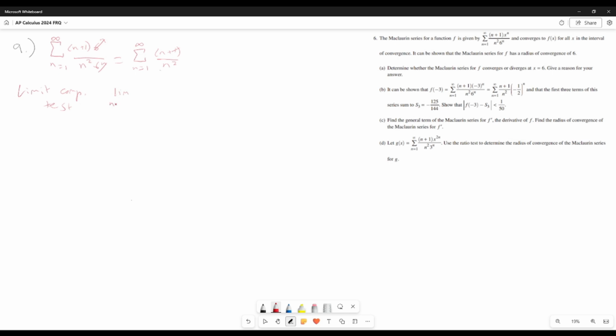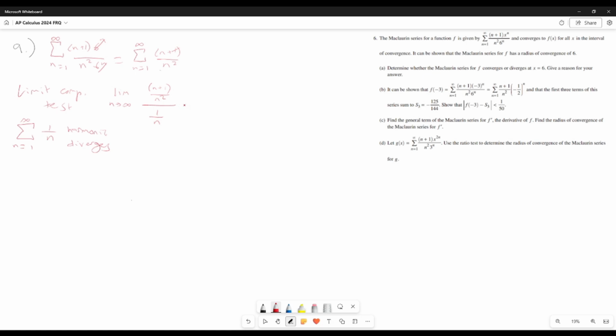And it's going to be the limit as n goes to infinity of our first series, which is (n plus 1) over n squared, over the second series of 1 over n. Oh, and we do need to write which series we are comparing it to. And we do need to say that the harmonic series diverges.